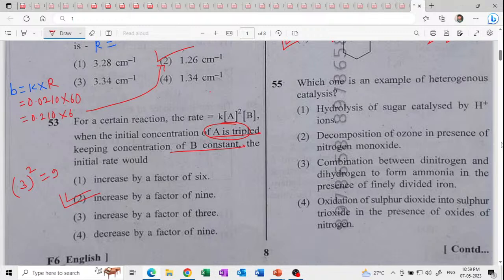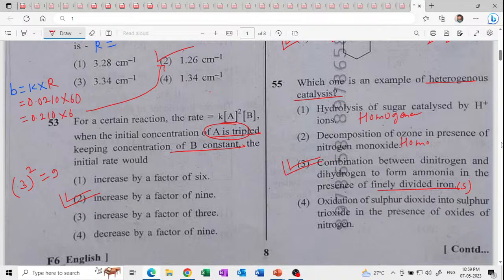Which one is an example of heterogeneous catalysis? What are the heterogeneous catalysts? Hydrolysis of sugar catalyzed by H plus is homogeneous. Again this is homogeneous. This one is heterogeneous, because finely divided iron is in the form of solid.